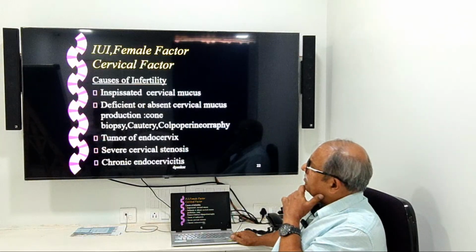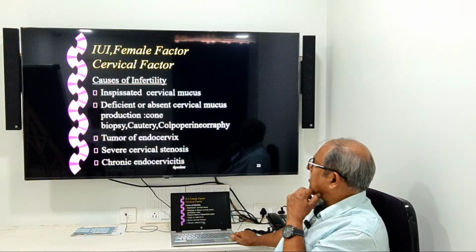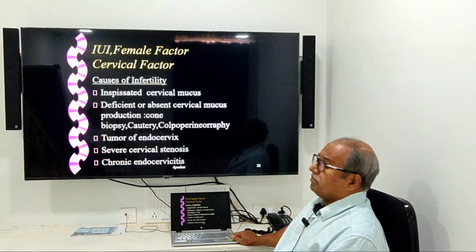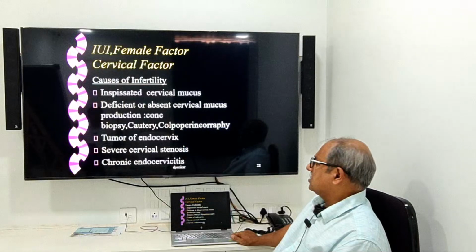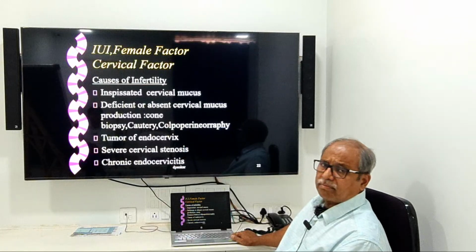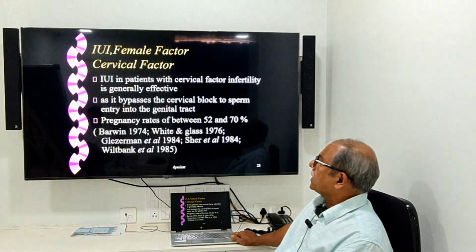Causes of infertility related to mucus are inspissated cervical mucus, and deficiency or absence of the cervical mucus. There may be some tumor in the endocervix, severe cervical stenosis, and chronic endocervicitis. These may be the cause of cervical factor infertility.